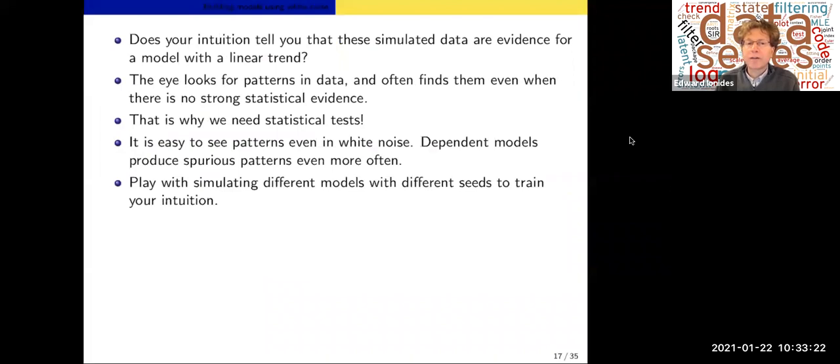Dependence makes spurious patterns even more common because the dependence produces clusters of similar results that the brain wants to interpret as a systematic trend rather than a random variation. Simulating different models with different seeds really helps train your intuition. You see the range of things that come about purely by chance.